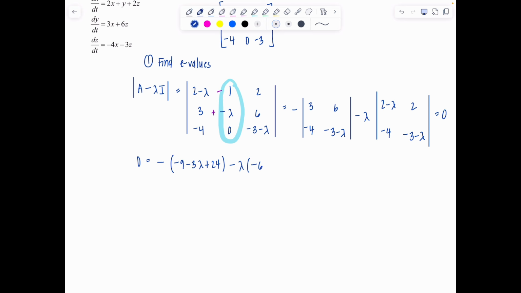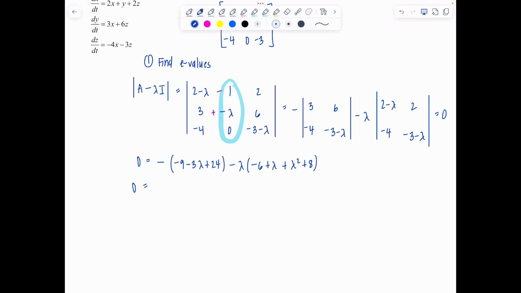Negative 6 plus lambda squared plus 8, right? Negative 3 lambda. Here, I'll just make it positive now.